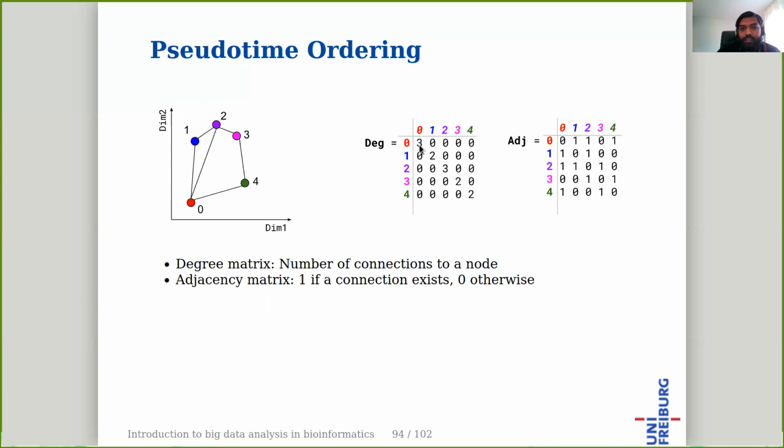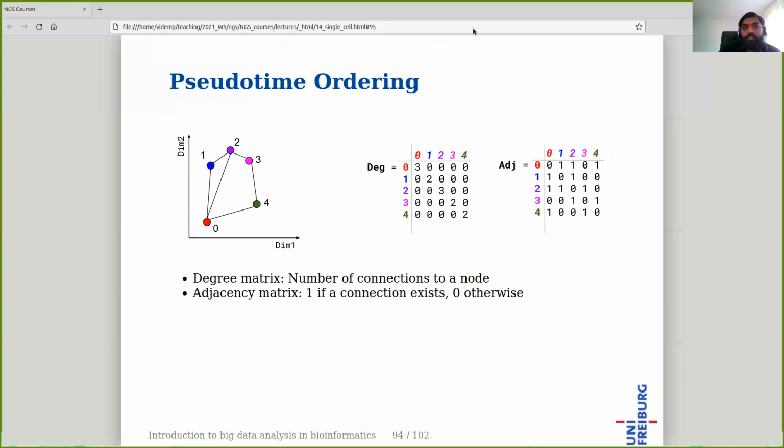In this case, 0 is connected to 3 nodes, 1 is connected to 2 nodes. So these connections here: 1, 2, 3 for 0; 1, 2 for 1; 1 and 2 for 3, and so on. So it is only a diagonal matrix with how many connections each node has. And then there's the adjacency matrix.